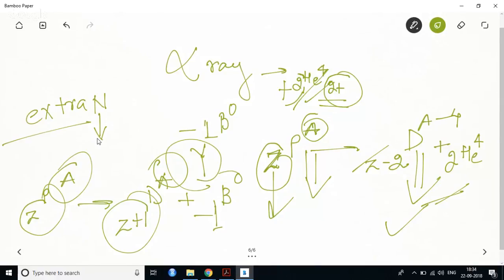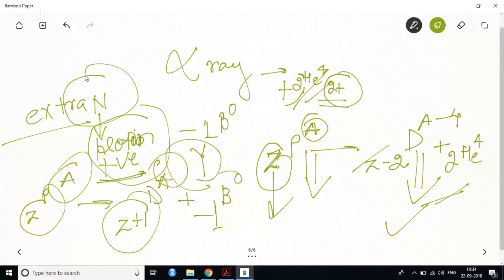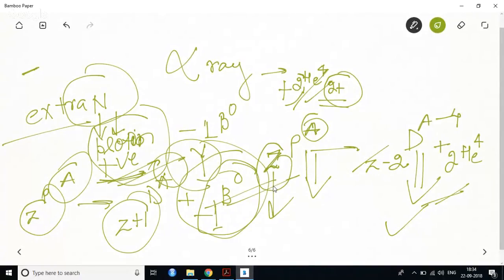If a positive charge is getting created here, and the neutron is neutral, there should be an equivalent creation of negative charge, and that is what your beta ray is. As simple as that. So whenever a neutron changes into a proton, there would be emission of a beta particle, which is nothing but an electron.